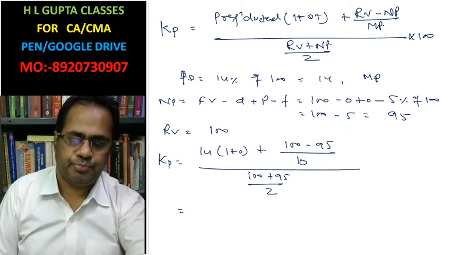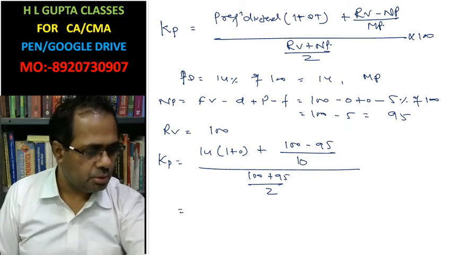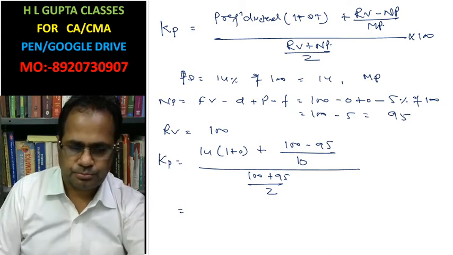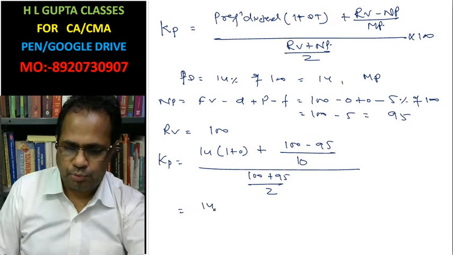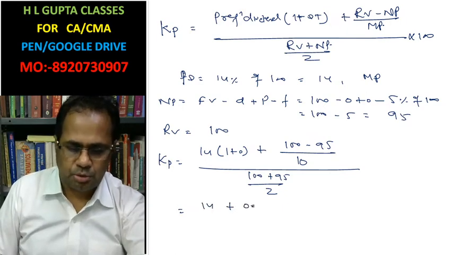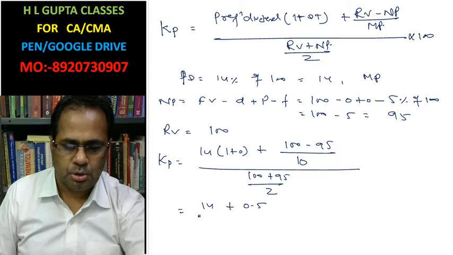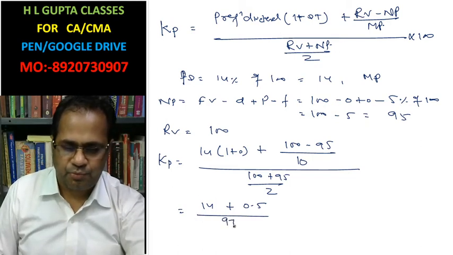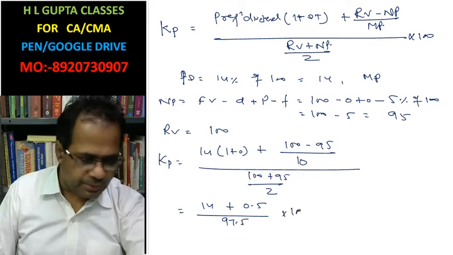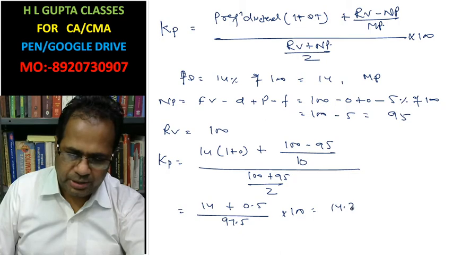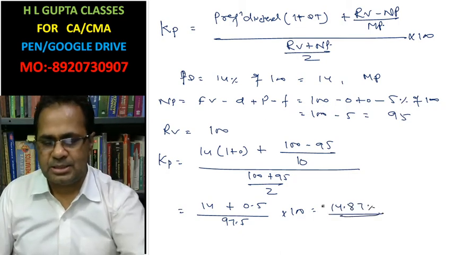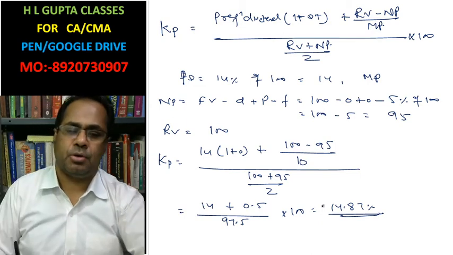Now this is 14 plus 0.5, whole divided by 97.5 into 100. This is 14.87%.